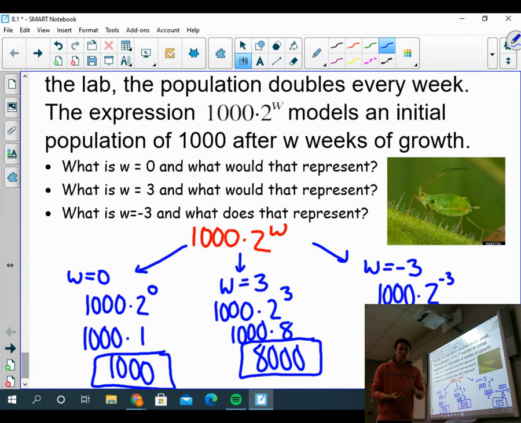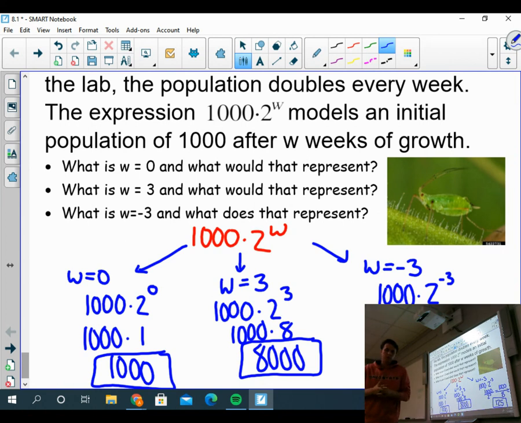And if we think about it in that context, right, they've been doubling in the lab, and we currently have 1,000 green peach aphids. What would w equals -3 represent? Well, that would represent 3 weeks prior. And again, that assumes that we've been doubling in the lab for a while now. And at this current moment, while we're measuring, we have 1,000. So 3 weeks prior, if they had been doubling, we would have only had 125.